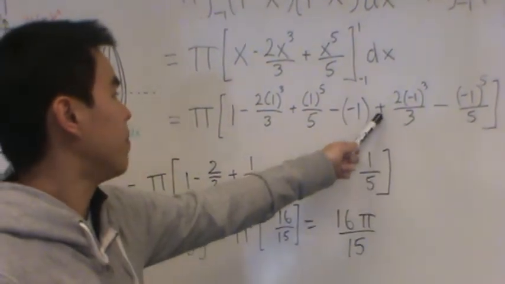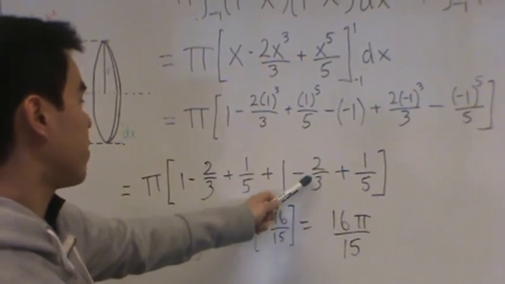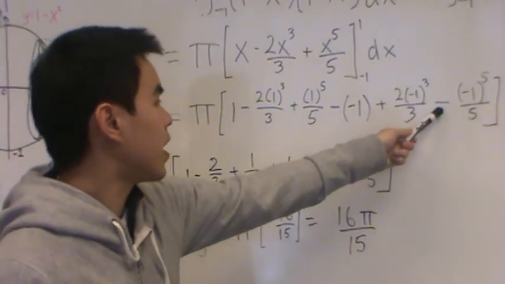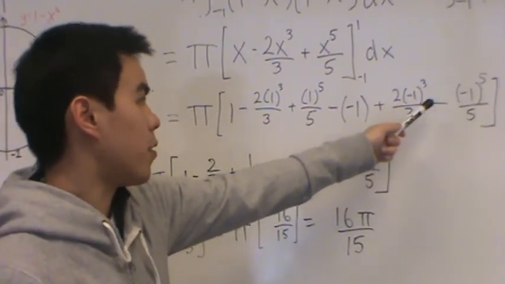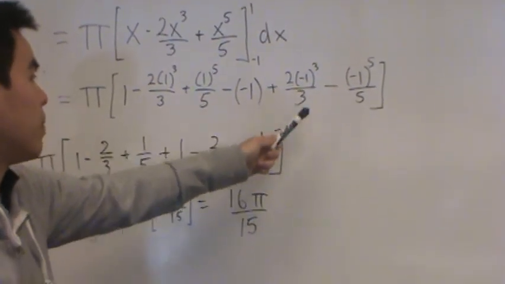So the plus gets canceled out and turned into a minus. So it's -2/3 plus 1/5 because the sign changes here. Because it's an odd power again, the negative comes down here and becomes a positive.